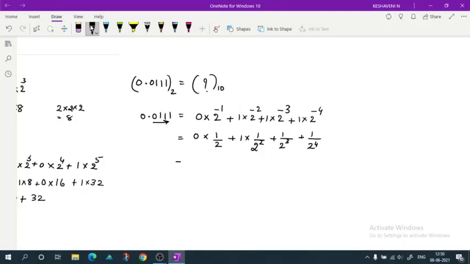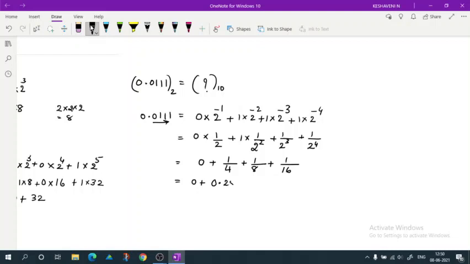This can be written as 0 multiplied by anything, answer is 0, plus 1 into 1 by 2 square, 2 square means 4, plus 1 by 2 to the power of 3, 2 to the power of 3 means 2 into 2 into 2, it is 8, plus 1 by 2 to the power of 4, 2 to the power of 4 means 2 into 2 into 2 into 2, 16.